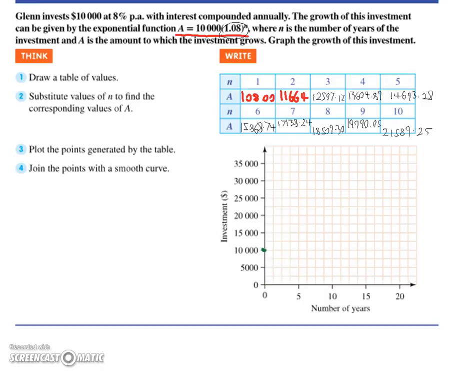What we do, go to 5, do 5s. So that's 14,693, so that's about there. Then we'll go to 10. 10 is 21,589, so we're talking about there. Then we come back, do 2. Actually, I'll do 3 because it's 25. So it's about there. Then I'll do 8, which will be about there.